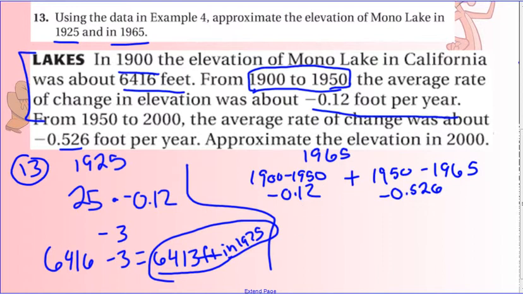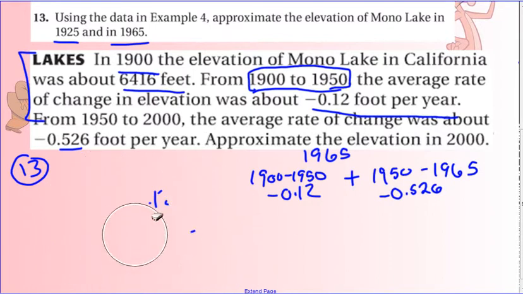Okay, so hopefully you have your answer here for 13. This part here, because I'm going to erase it. I need space to work. All right, so from here to here is 50 years times negative 0.12. So this is the change in feet in this 50-year period.